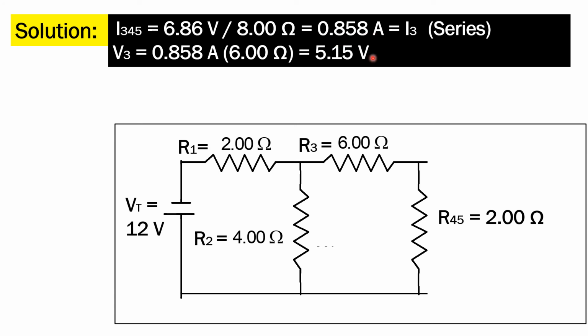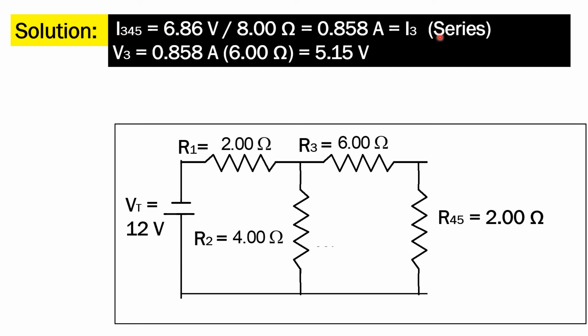But since R3 is in series with R45, okay, this is now R45. Therefore, we make use of that concept that the current across I3 is also the same as the current across I sub 345.